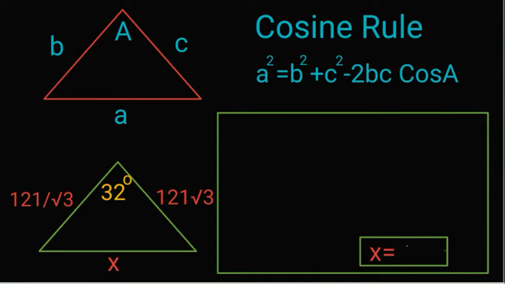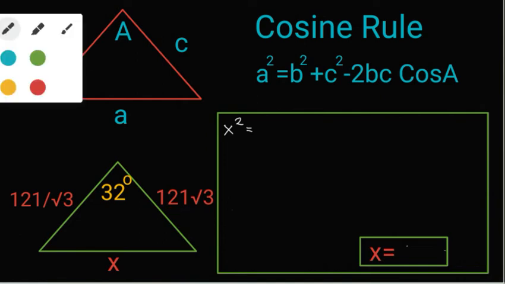We can say that a is opposite the angle, so we'll assign x instead of a. So x squared is equal to, the b now is 121 over root 3, and the c is 121 root 3.